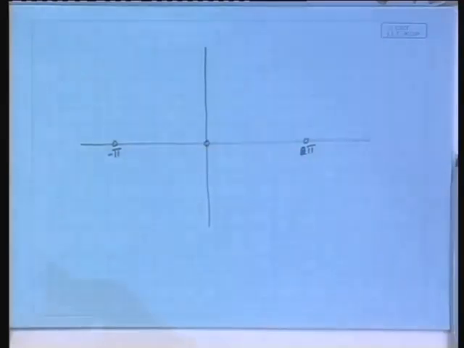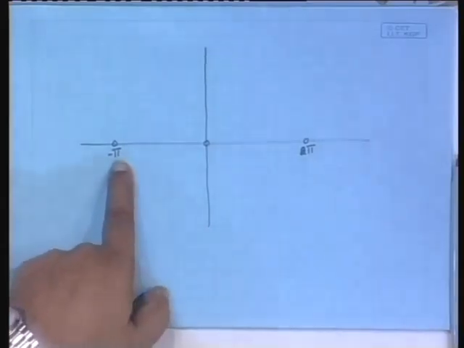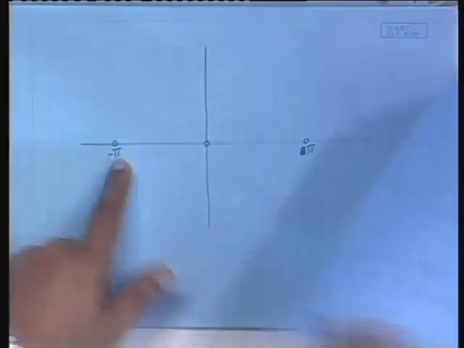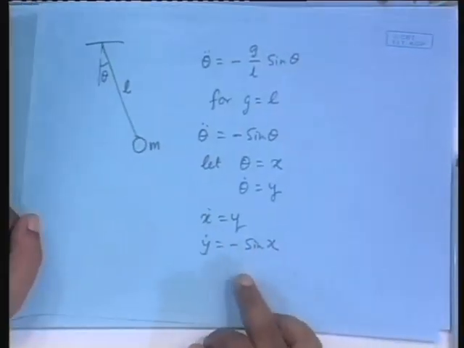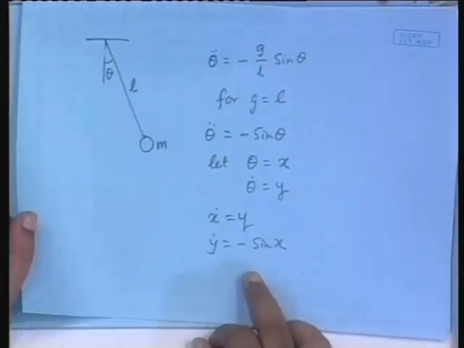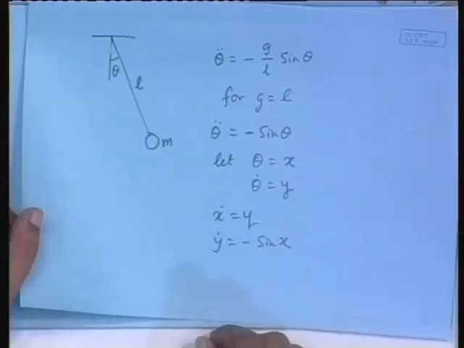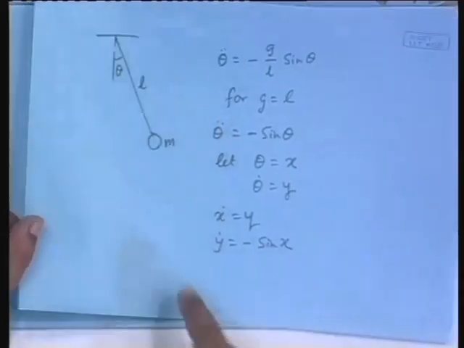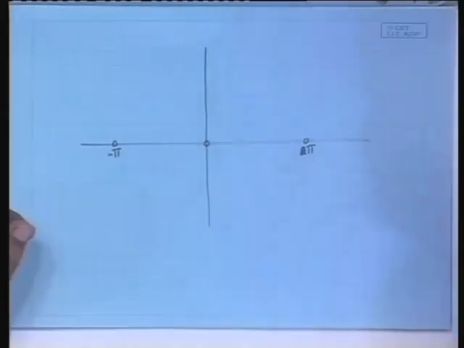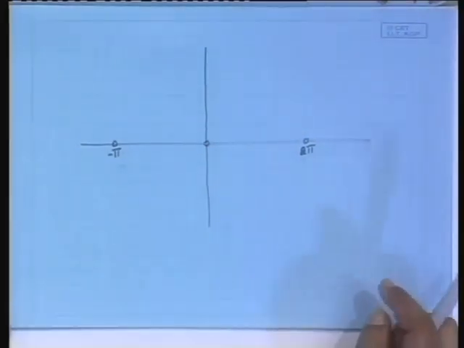What are these equilibrium points? For example, what is this equilibrium point? You will have to then locally linearize it, obtain the eigenvalues and eigenvectors, and then only tell. You cannot really just say like this, no. You have to say after having calculated that. So, what is this equilibrium point?